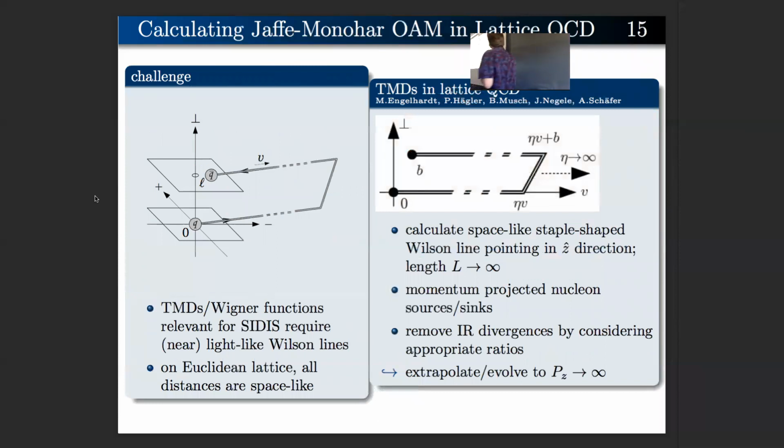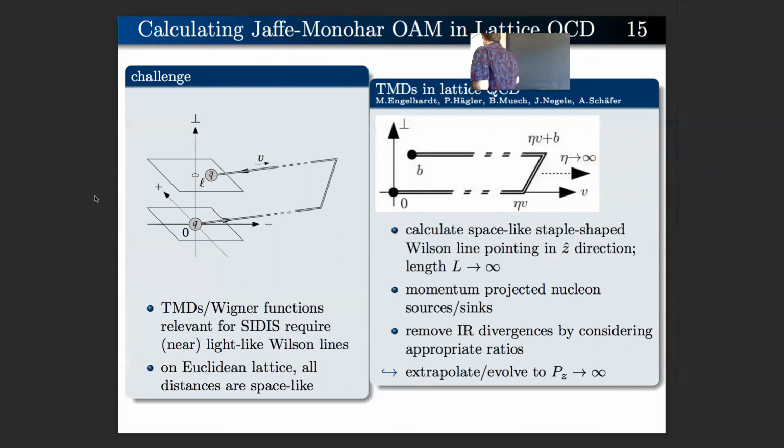My colleague and his collaborators and former collaborators looked at the Jaffe-Manoha orbital angular momentum in lattice QCD, and the challenge that they faced was, as I explained earlier, we need a staple to light front infinity, and on a lattice there is no light front.